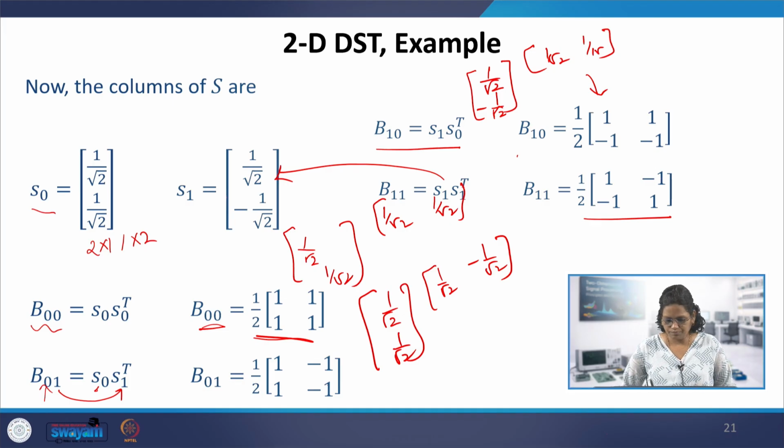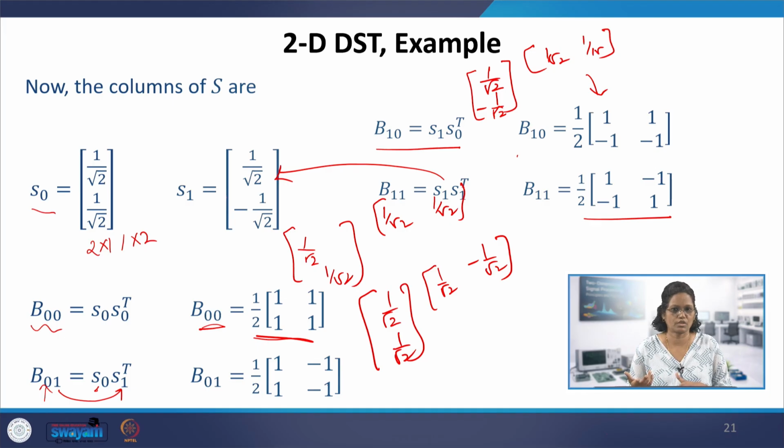Can we get back the original image using the basis images? Yes, it is possible. We multiply B00 with the first coefficient in V, and then add B01 with its V coefficient, B10 with its V coefficient, and B11 with its V coefficient.